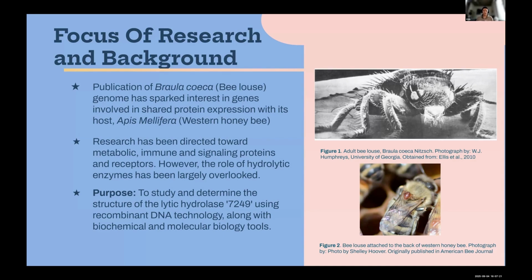Most of the research has been geared towards the immune system and metabolic pathways, but none of it has been geared towards hydrolytic enzymes. And this is where we come in. Our purpose is to study and determine the structure of the hydrolase 7249 using recombinant DNA alongside biochemical and molecular biology tools.